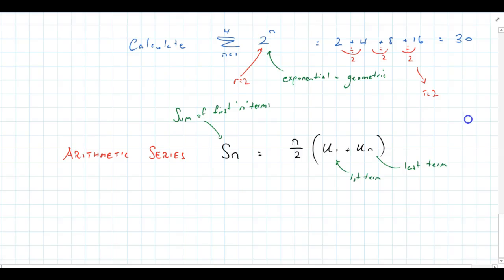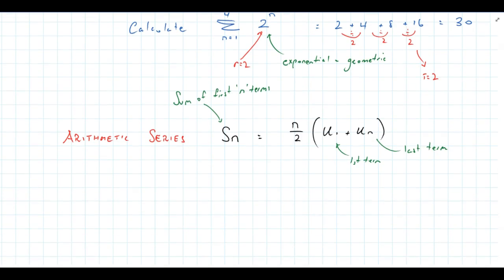Now sometimes that's a really nice, quick and easy formula to use. Most often probably we don't have quite such convenient information, so we have to convert this un into u1 plus n minus 1 d, which we know from the previous work on finding the nth term of an arithmetic.